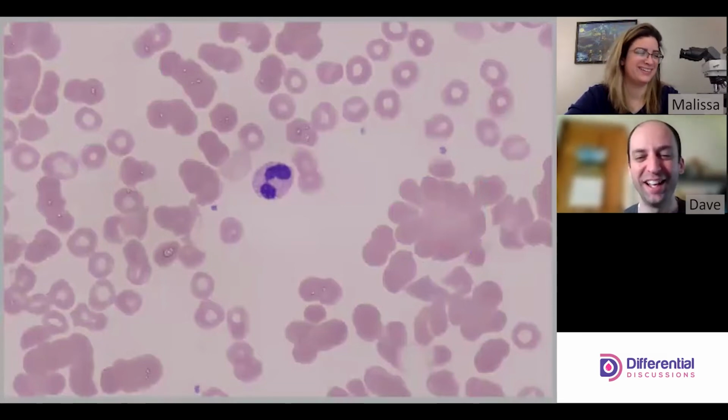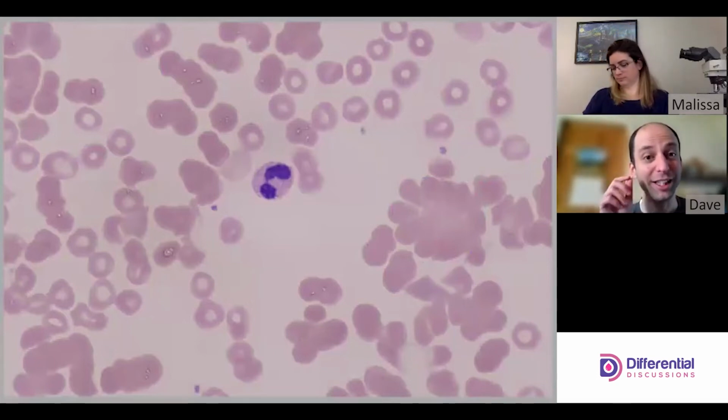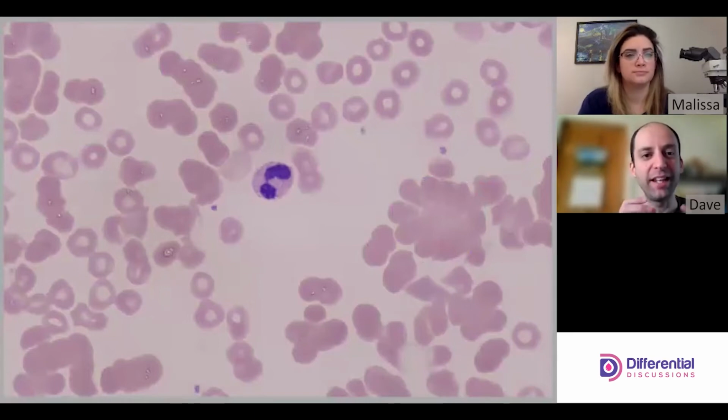But the analyzer, when it's counting red cells and platelets, is using something called electrical impedance, which is a fancy way for it to see each cell, in quotes, and the volume of that particular cell.